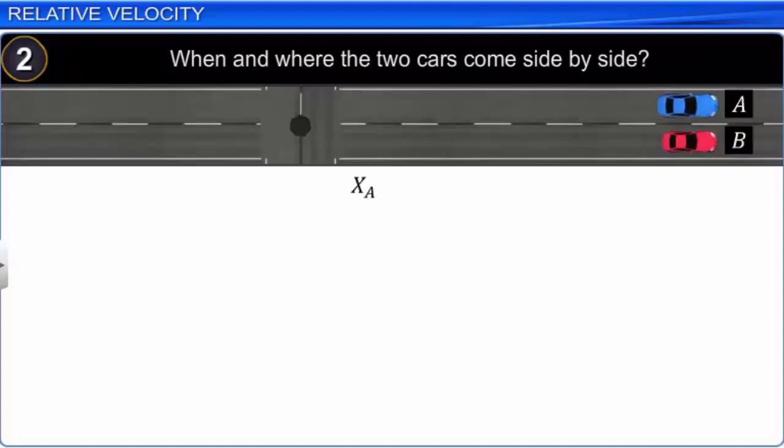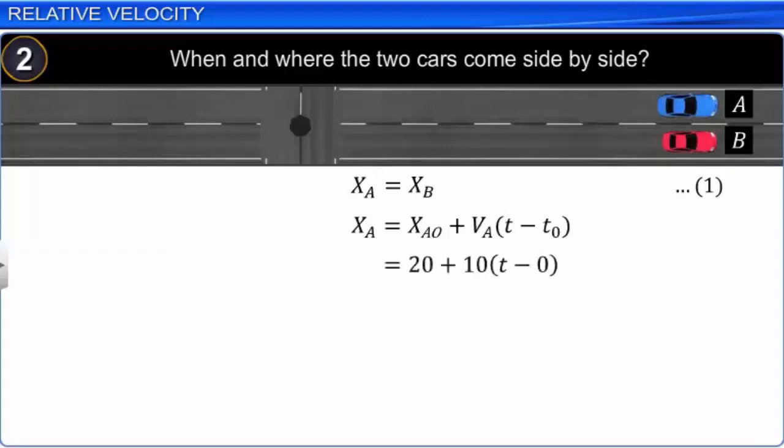This can be called equation 1. Here, XA is equal to XAO plus VA into T minus T naught. By substituting and simplifying, we get XA equal to 20 plus 10T. This is equation 2.